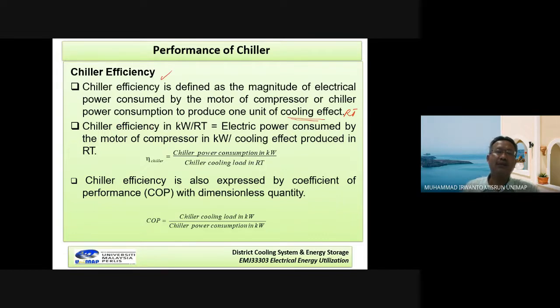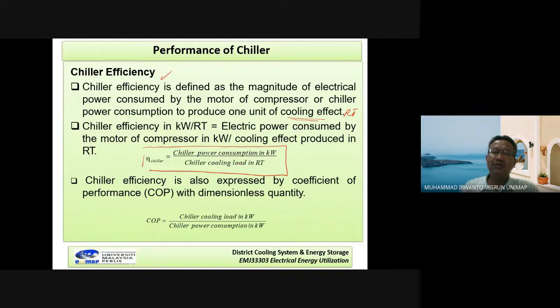Chiller efficiency in kilowatt per RT is equal to electrical power consumed by the motor of compressor in kilowatt over cooling effect produced in RT. So efficiency of chiller is equal to chiller power consumption in kilowatt divided by chiller cooling load in RT.